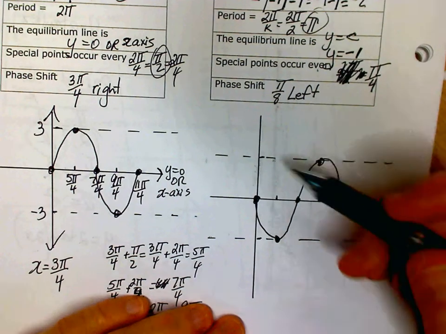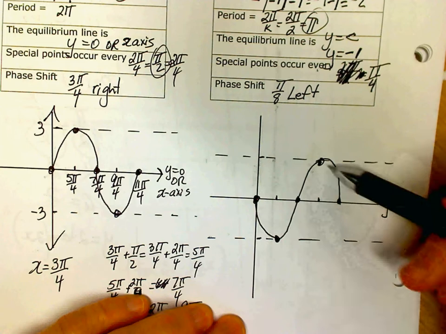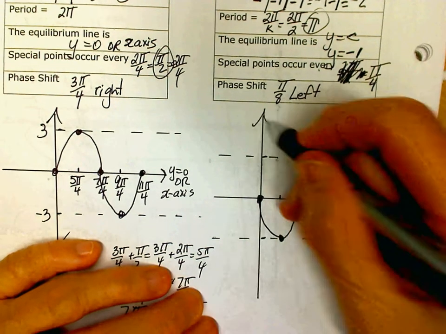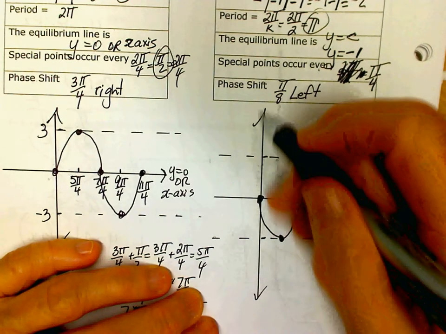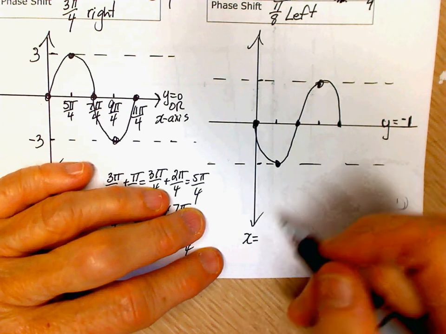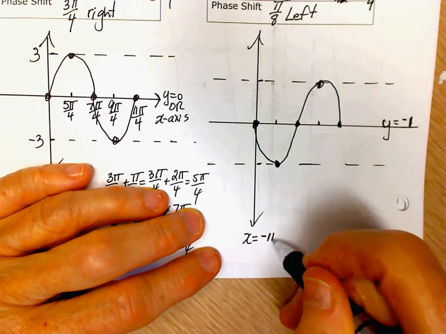Okay? So the equilibrium line is what it fluctuates around. Okay? So tell me, how do I label this axis here? X equals what? But it's to the left. Minus pi over 8.